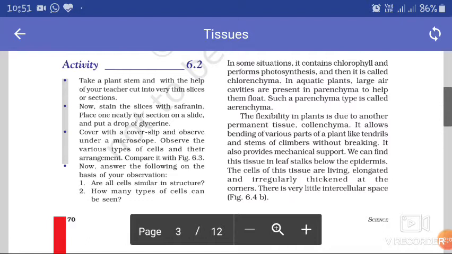We can find this tissue in leaf stalks below the epidermis. The cells of this tissue are living, elongated, and irregularly thickened at the corners. There is very little intercellular space.